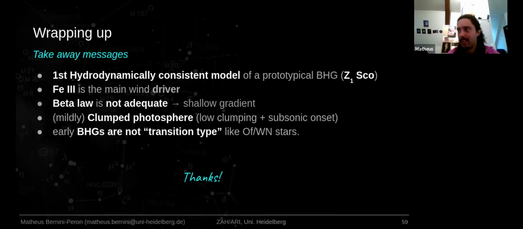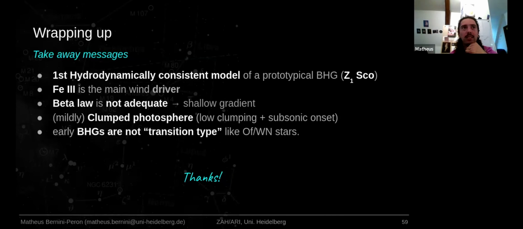At least as far as we know, in the inner layers of the atmosphere there wouldn't be enough energy even to produce X-rays, unless there are some other mechanisms that we are not aware of. But clumping itself, in principle, could start at very deep layers, and therefore could impact the structure, and therefore the spectrum.